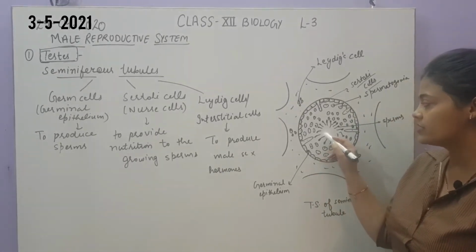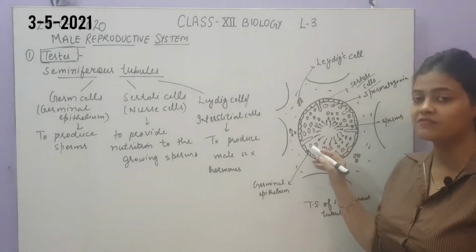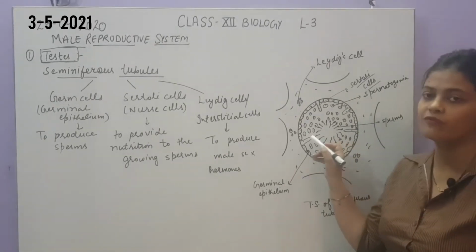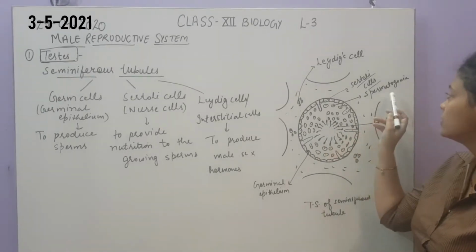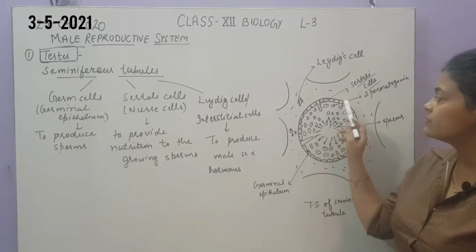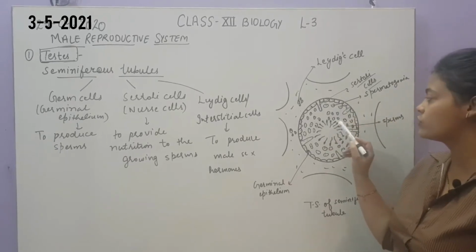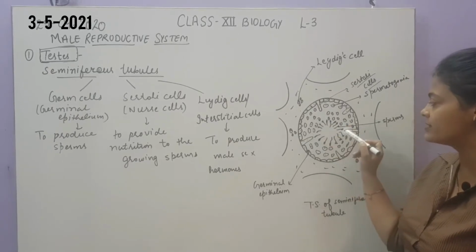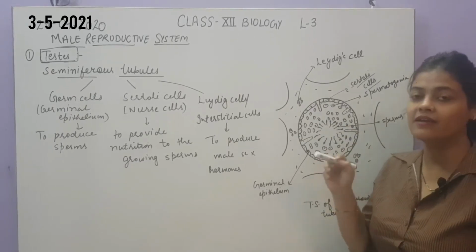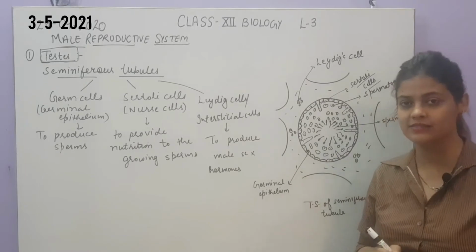Then in the center you can see, after following this process of spermatogenesis, the sperms will be formed. In the center you can see these are the sperms, and these cells in between are called spermatogonia. The heads of these sperms are always towards the Sertoli cells, so that they can get nourishment from the Sertoli cells.